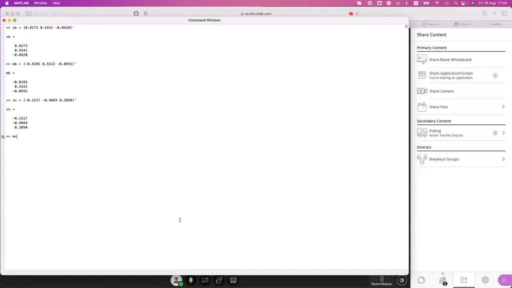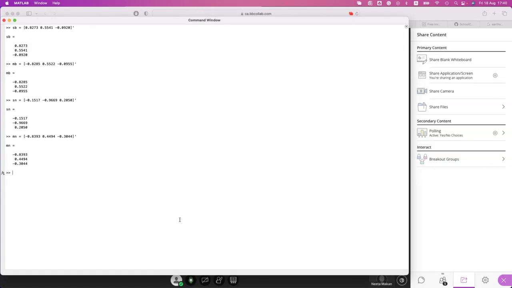The inertial frame component of the electromagnetic field, I call it Mn, is negative 0.8393, 0.4494, minus 0.3044. All right. So we have defined all of these vectors as we have in the example.